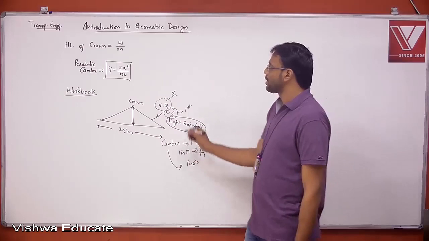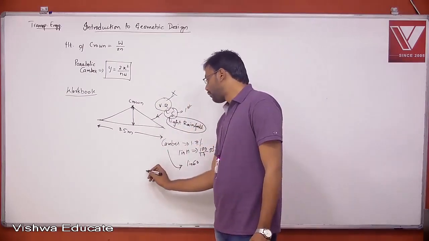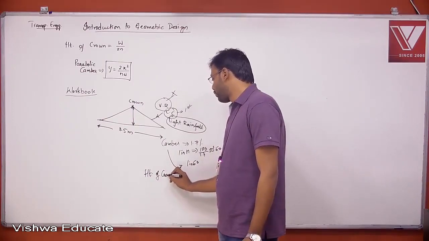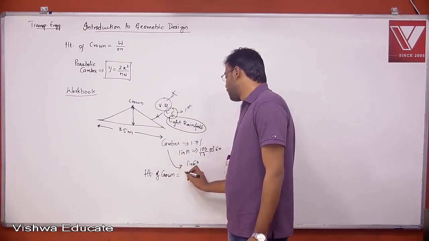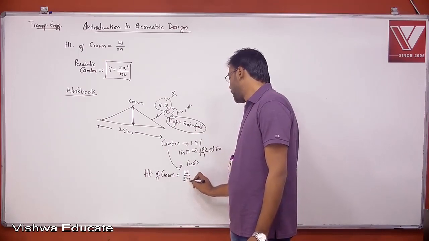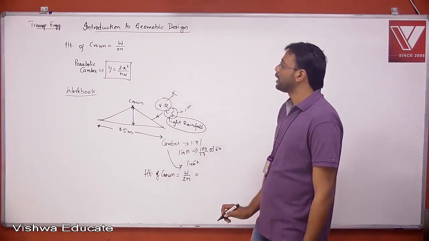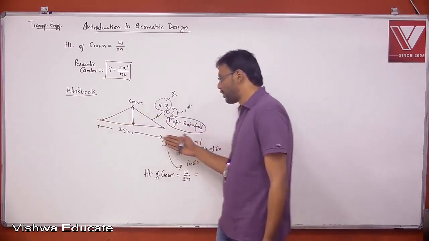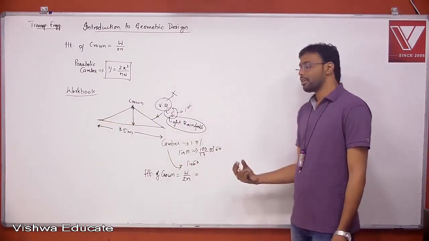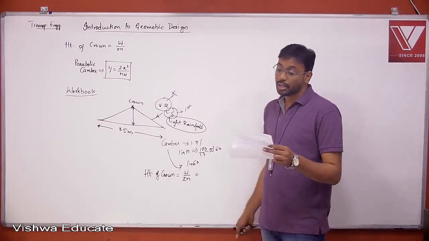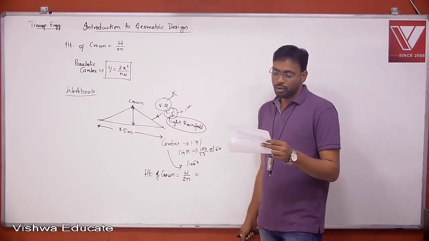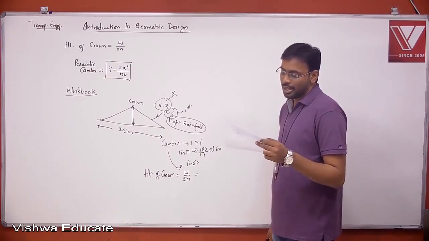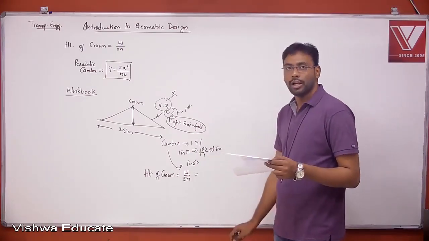Now we are asked to calculate the height of crown. The height of crown for a CC road is W by 2N. Generally this height of crown will be small compared to the width, so it will be in centimeters, and the options here are in mm, so I will take the width also in mm.